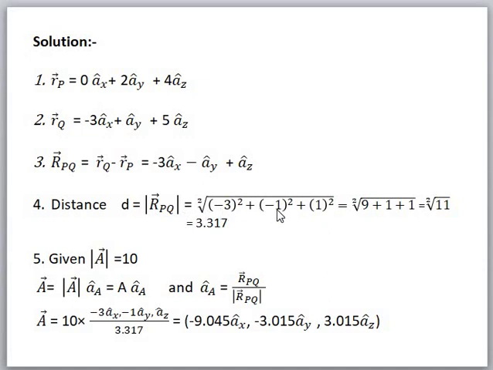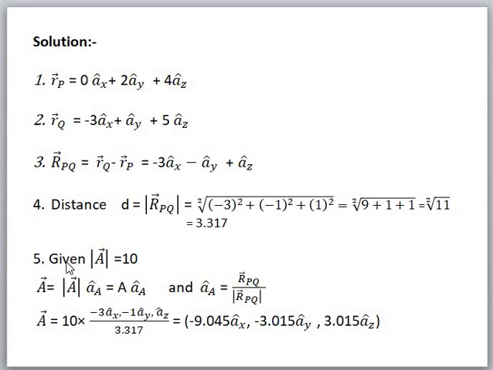We calculate the equation and we get the answer 3.317. This is the distance from P to Q. This is the fourth answer, the distance from P to Q.